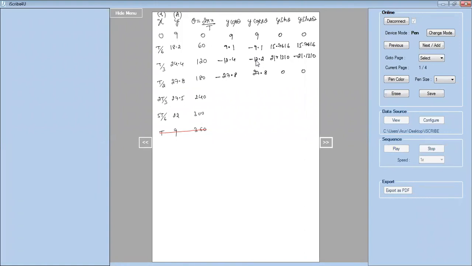Then minus 13.75, minus again 13.75, minus 23.8156, again 23.8156. Next, the last value is 11, minus 11, minus 19.0525, and this is again minus 19.0525.